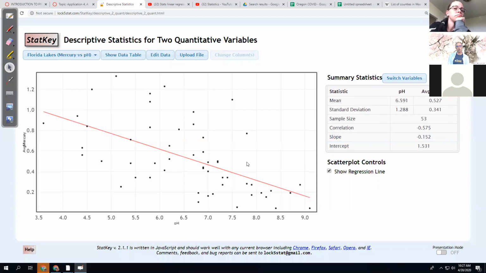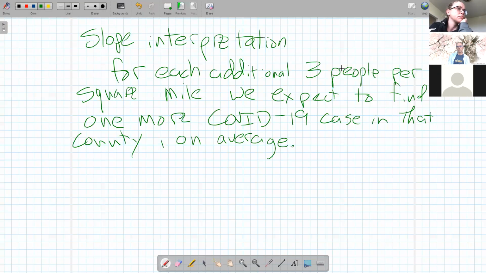And then the slope tells me how the independent variable affects the dependent variable. In my case, I'm picking the independent variable to be the people per square mile, and the dependent variable to be the number of COVID cases. And slope is a change. It's a change in one variable affecting a change in another. It's not actual amounts, it's changes.